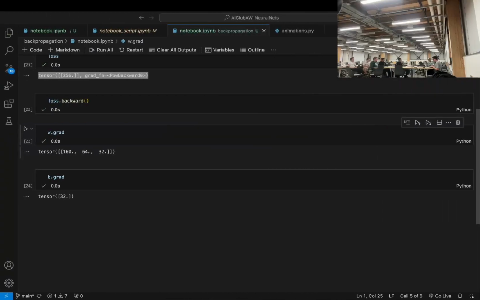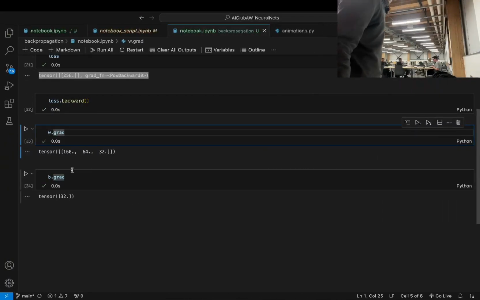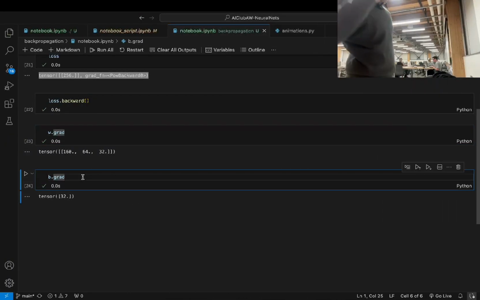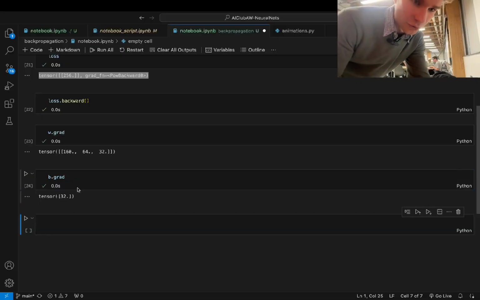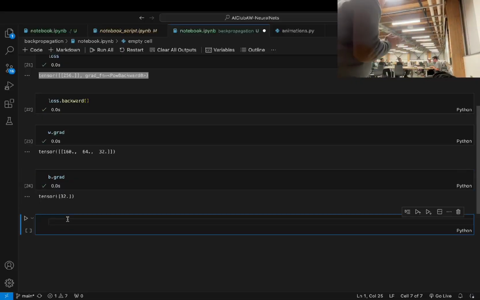Now, key part, and this is not that important, but usually when you're training a model, you need to also do zero grad, right? So say we compute these gradients, we update our network, but now we want to move on, right?